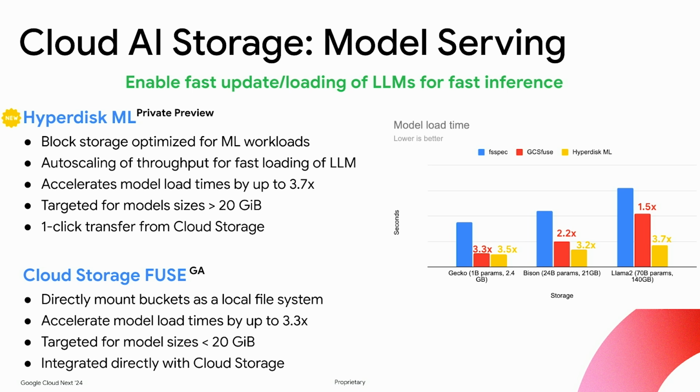But if your data size is larger, you may want to consider something like a PD-based solution, including Hyperdisk ML, and I think 20 gigabytes is one way to think about it, based on our benchmarks. But it really depends on your use case and how much you're willing to tolerate in manually orchestrating data versus getting something more simple like GCS Fuse versus Cloud Hyperdisk.